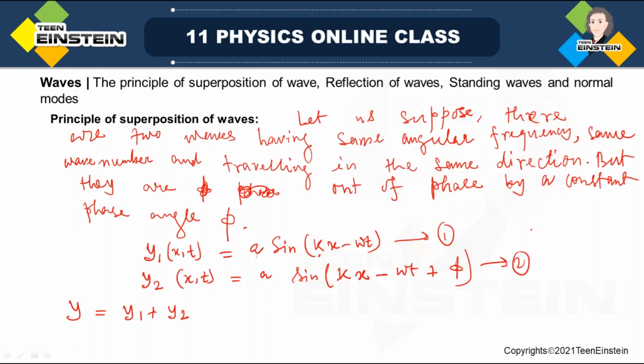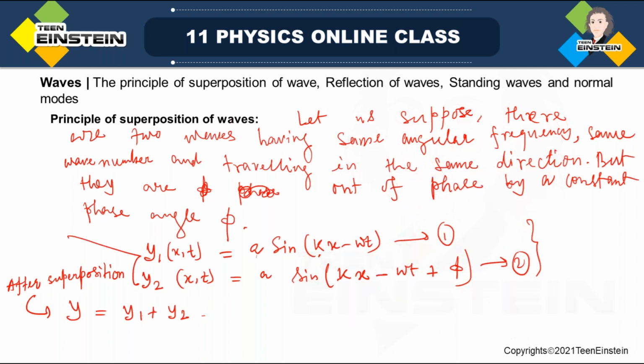When they pass simultaneously, that is called overlap. Upon superposition, superposition means overlap also, the resultant displacement will be y is equal to y1 plus y2.